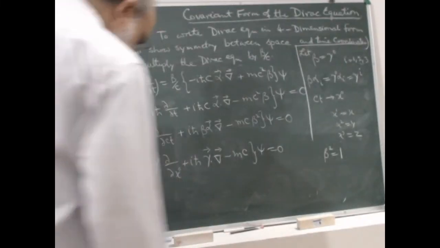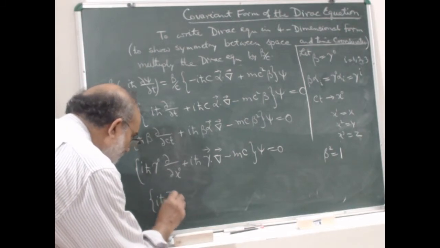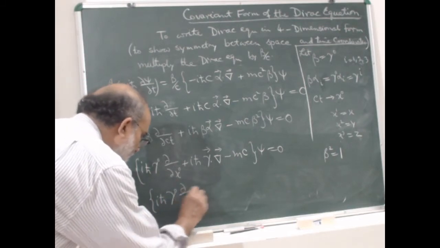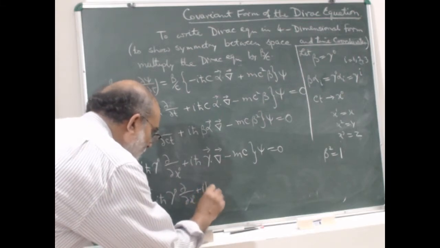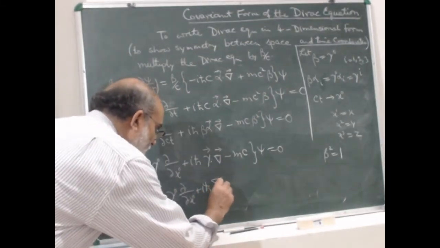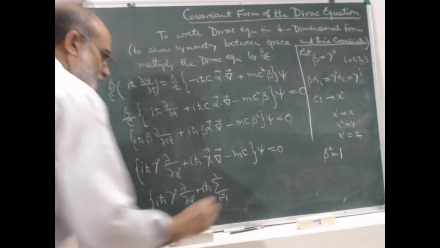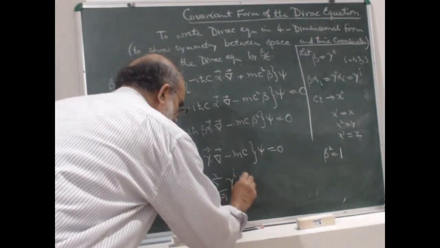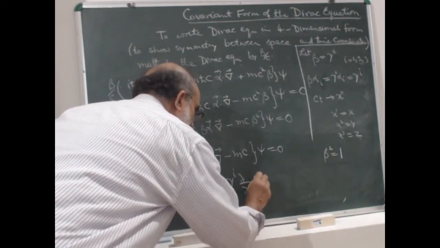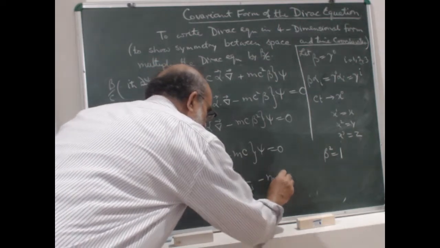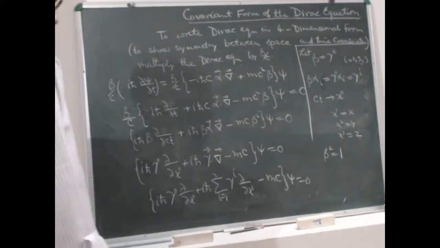This equation can also be written as i h cross gamma 0 delta by delta x0 plus i h cross summation over I equal to 1, 2, 3, gamma I delta by delta x I, minus m c.